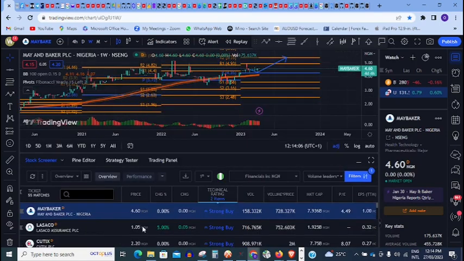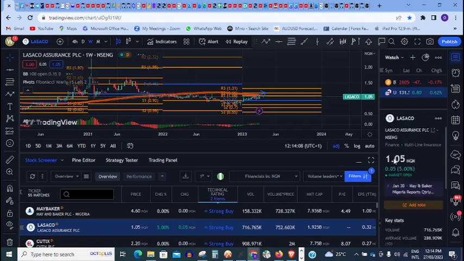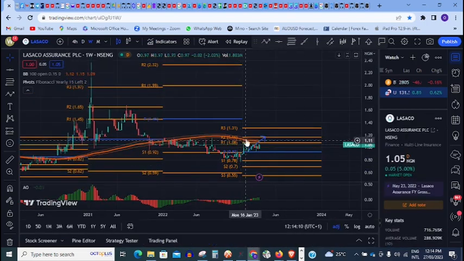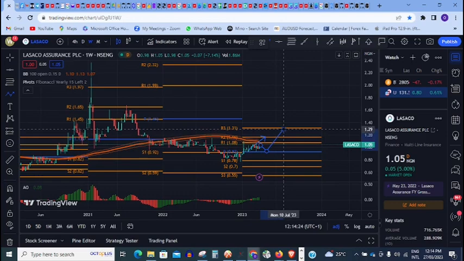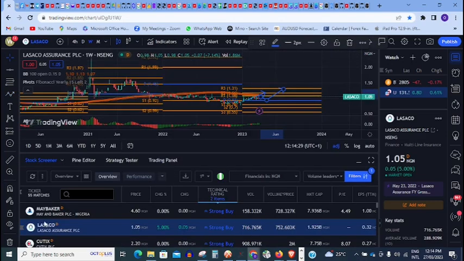It's still valid. You can refer to my previous video for the analysis. This is also still valid in case you get your entry around 94 kobo. Let me draw the path. If you can get it like that, then look for a profit target at that level.